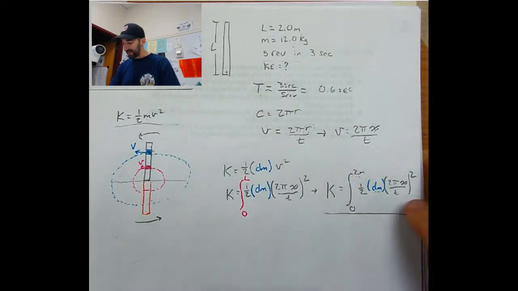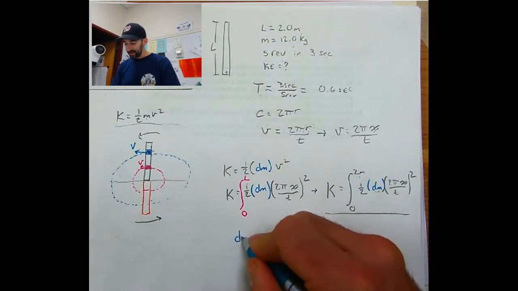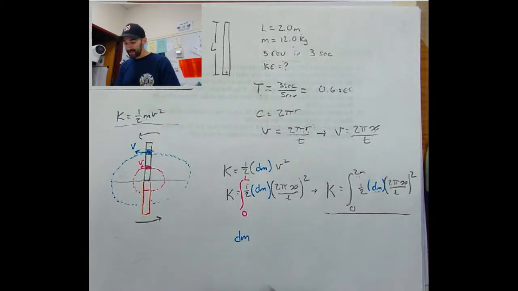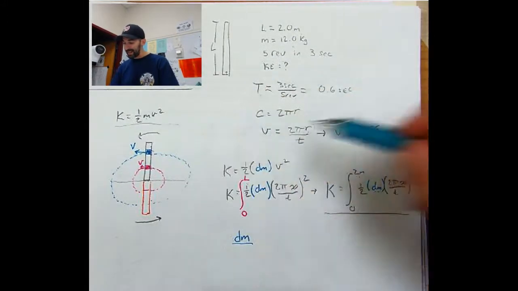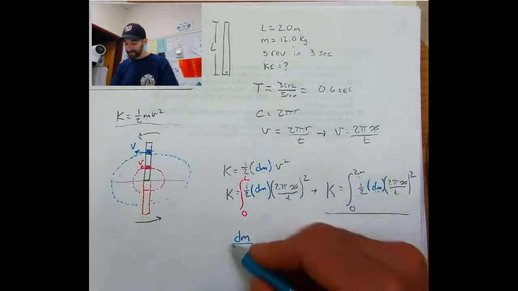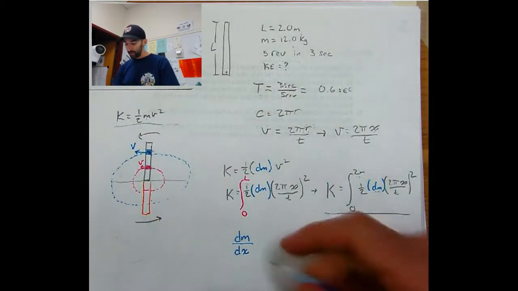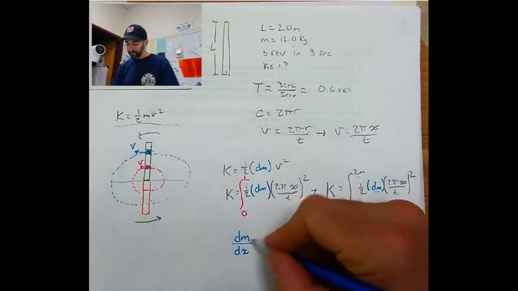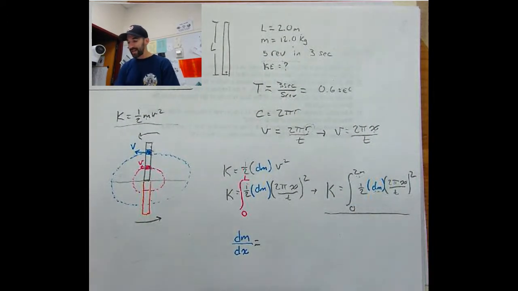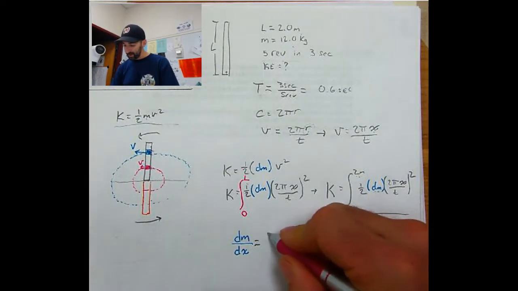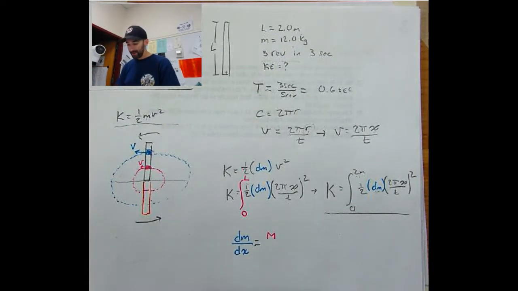I'm going to say that my mass element, as compared to any, again, I'm summing up all the pieces about some x distance, is equal to the entire mass of my bar, m, divided by the entire length of my bar, L. Which means I can now, and again, this L is our unit of length.